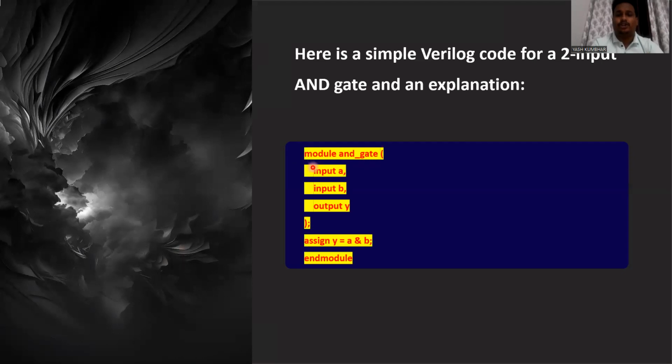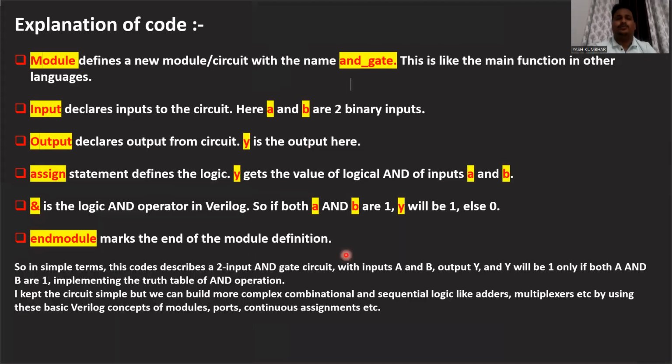Here we have taken two inputs whose names are A and B, and we have declared that the output of our two inputs will be Y. The statement for AND will be assign Y equal to A and B, and here we end the module which we started. That's all. This simple thing is our code.